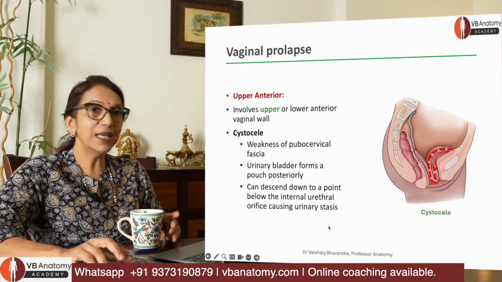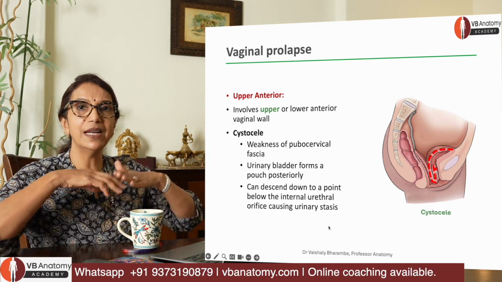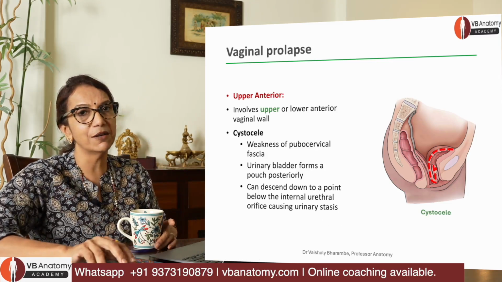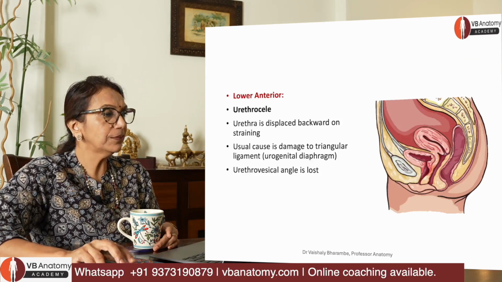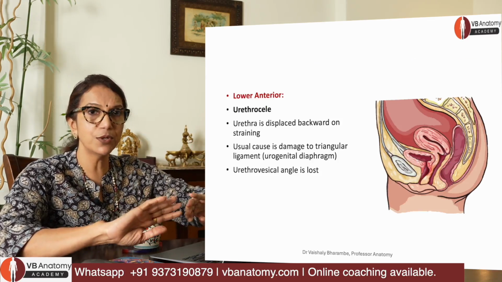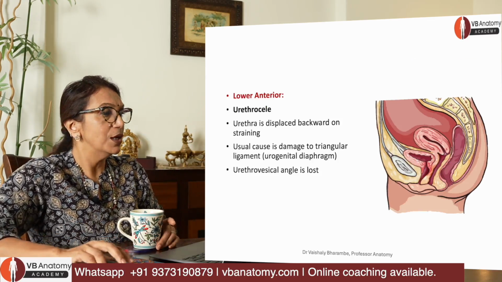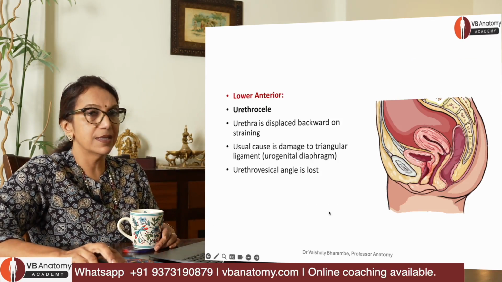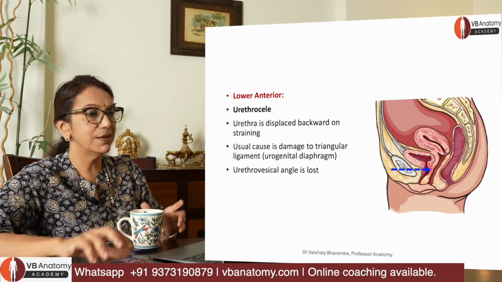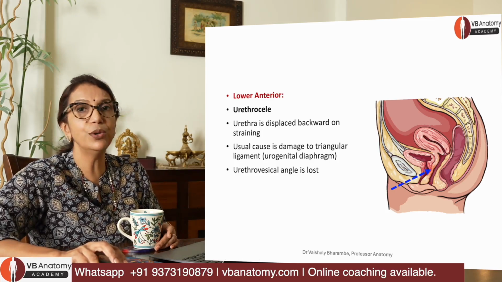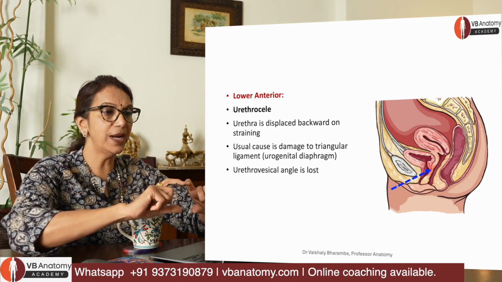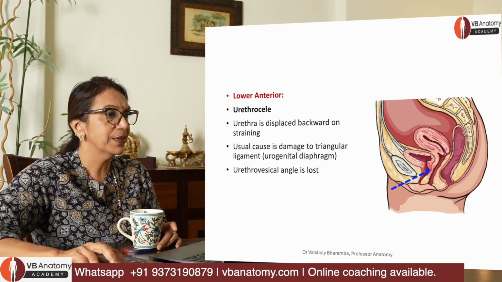It can descend to such a low point that the fluid content is not being drained completely, resulting in repeated infections. If the anterior wall can prolapse, the lower wall can also prolapse. When the lower wall prolapses, you can see that the urethra falls backwards, resulting in formation of what is called a urethrocele. So upper anterior is cystocele, lower anterior is urethrocele.